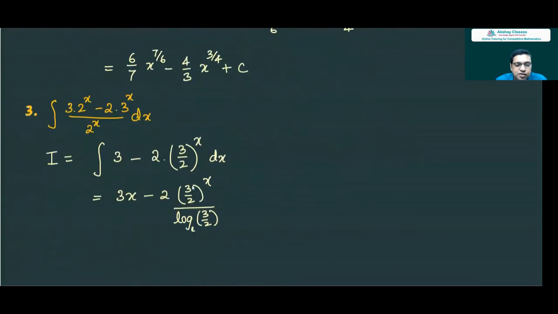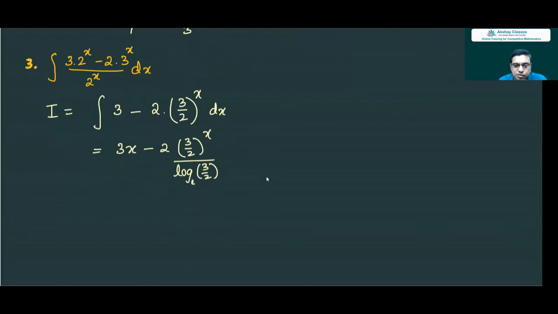The coefficient remains as it is. Here a is 3/2, so we get this plus c. So this will be 3x minus 2 into (3/2)^x upon log(3/2).